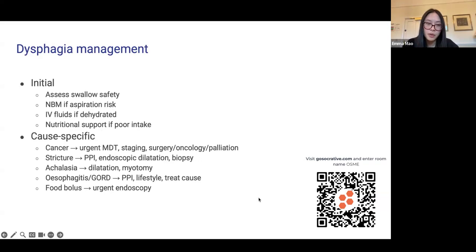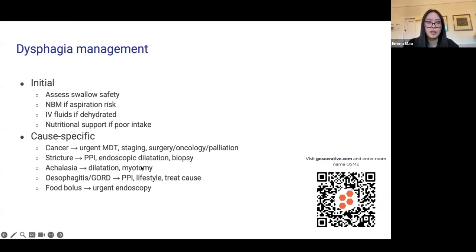And then for cause-specific ones, with cancer, you'd want an MDT, CT to stage, and then plan for surgery, oncology, or palliation. With a stricture, that could be caused by the reflux, you'd want to give them a PPI, dilate it, and biopsy it to see what is going on there.